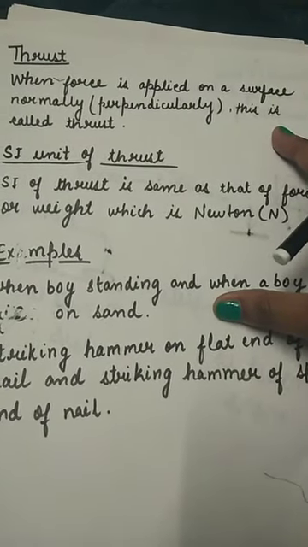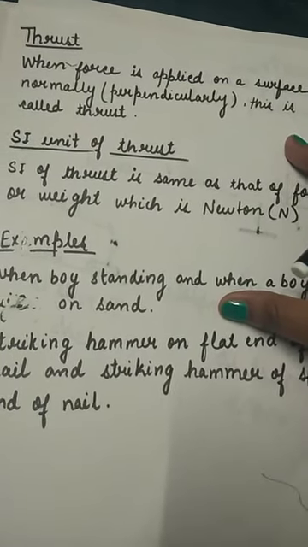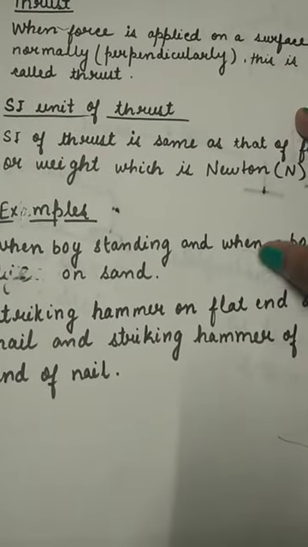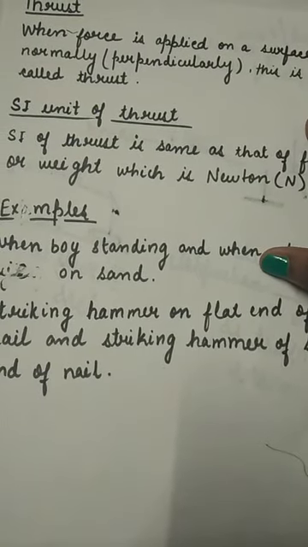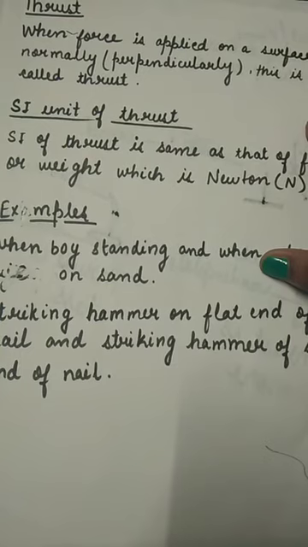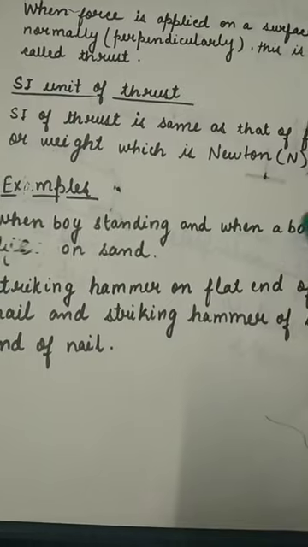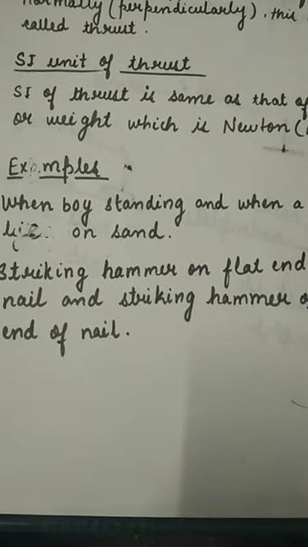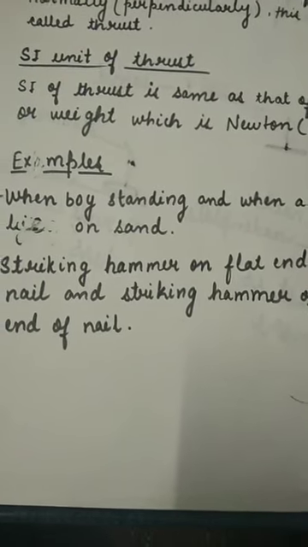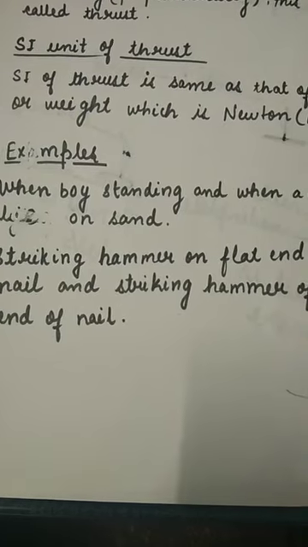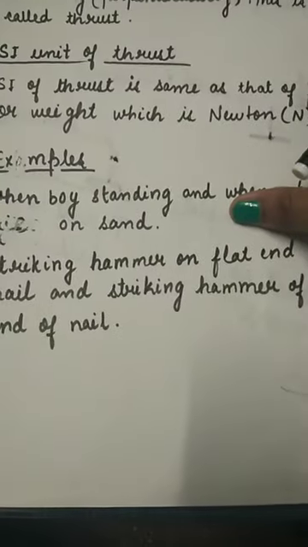So thrust is nothing but a force which acts normally to the body. Next, the SI unit of thrust is Newton, because thrust is nothing but force, so the SI unit is the same as that of force, which is Newton. An example of thrust is a boy standing on sand and a boy lying down on sand, striking a hammer from the flat end and striking a hammer from the sharp end of the nail.